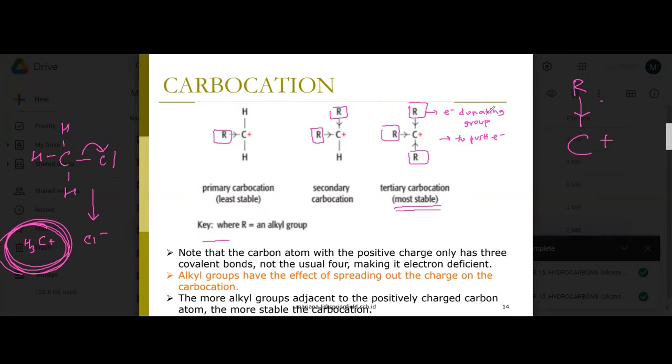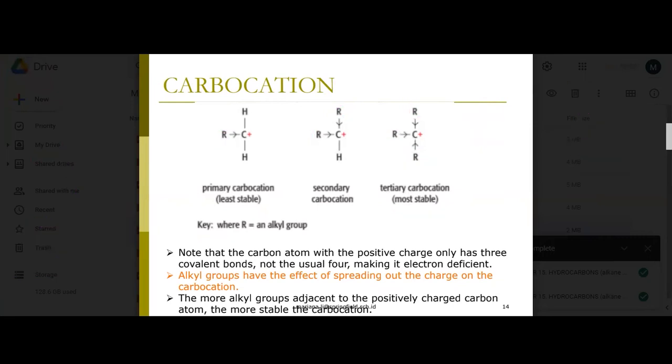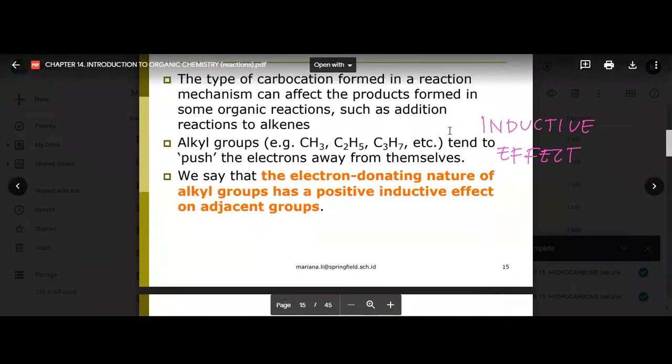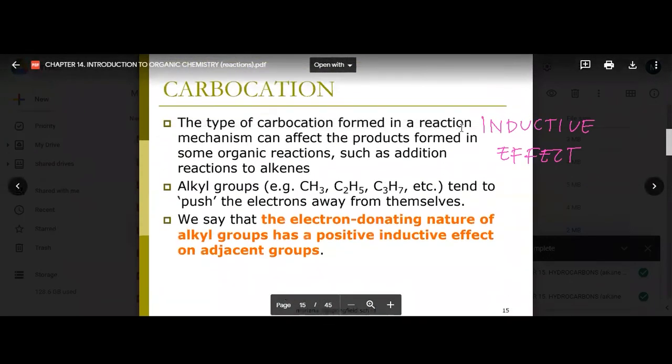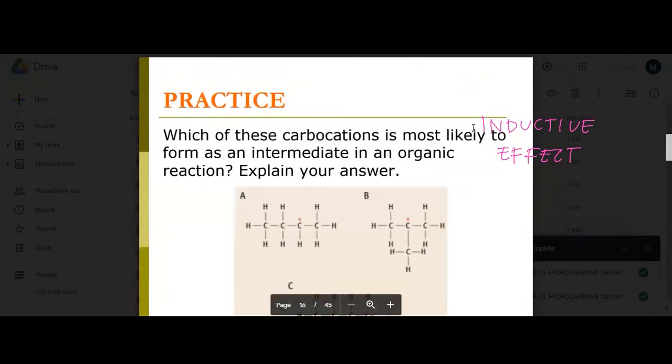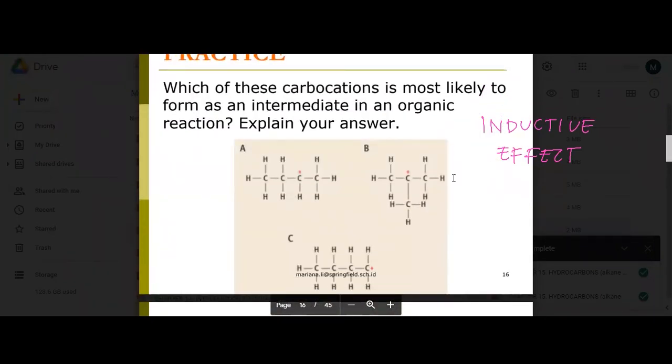Okay, understand? This phenomenon we call the inductive effect. More R groups, more inductive effect, more stable. Positive inductive effect.